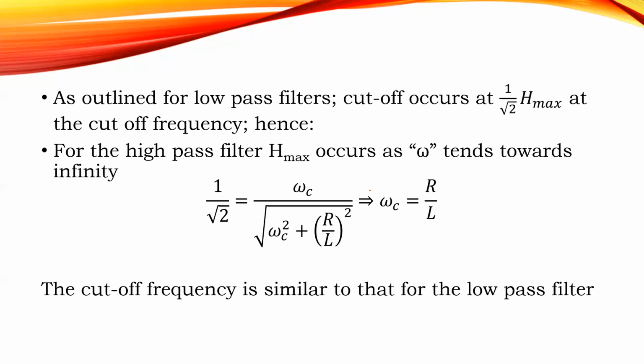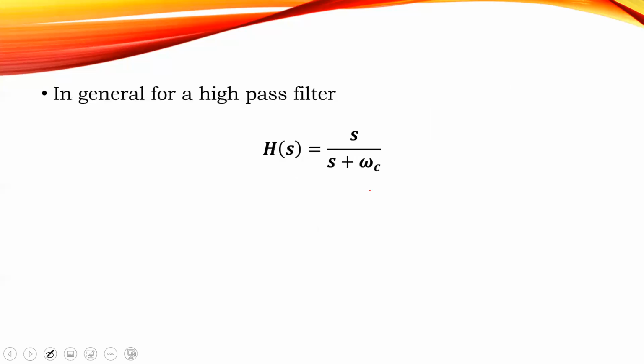So for the cutoff frequency, again, there's some similarity to what we had found for the low pass filter. So omega C is equal to R over L. And of course, we know that that is the reciprocal of the time constant, yes? So we can give the general expression for the high pass filter.